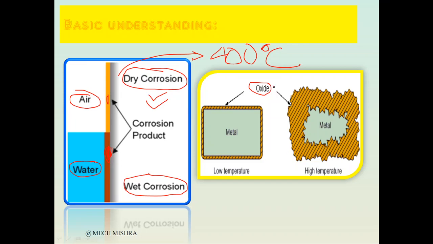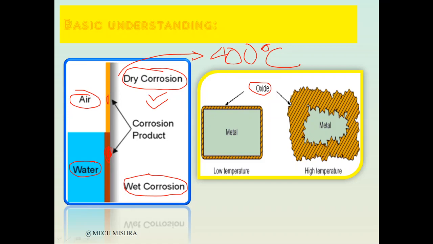But when temperature starts increasing and we go beyond 400 degrees centigrade, oxygen diffuses and the oxides become loose, and they no longer act as a protective layer, but form scales and degrade, and that's why thickness loss will happen.